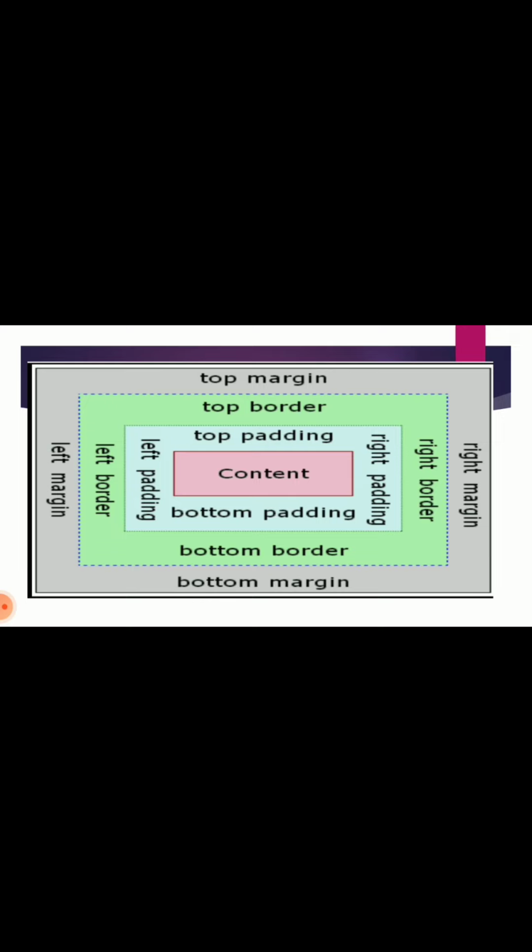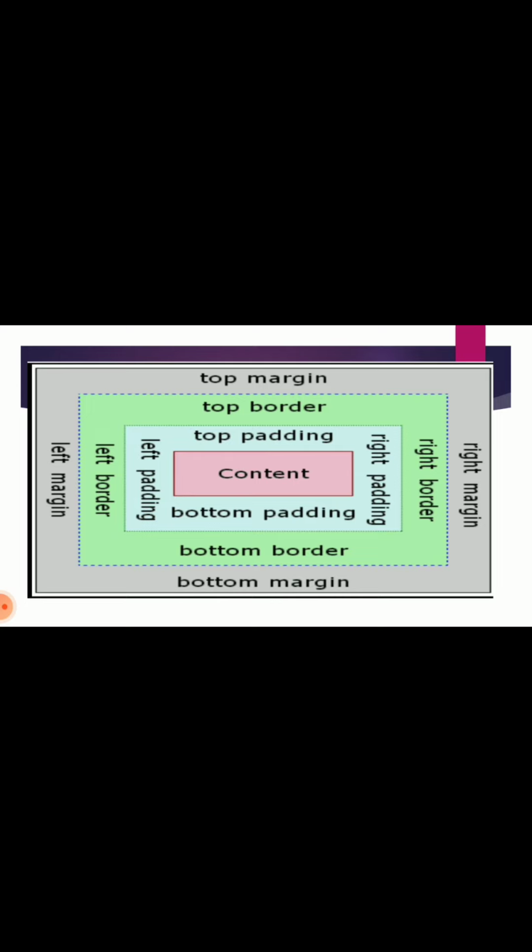If you want space from the left margin, right margin, top margin and bottom margin, we assign some pixels. To print my message in the content, we have to choose the height and width of the content, and then we can give the value in pixels. Padding is set using padding left, padding right, padding top and padding bottom.